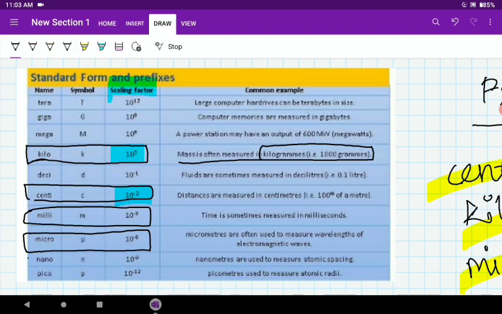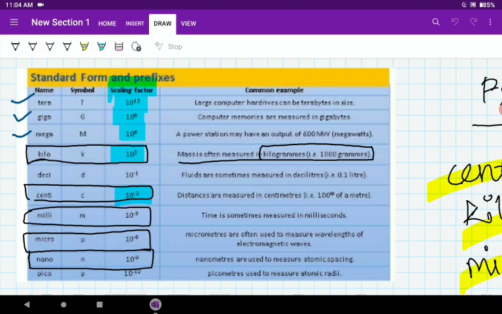Viruses are often described in nanometer. Nanometer is also used for the computer peripherals and chips and everything. And nowadays we are using tera, giga and mega very commonly in computer science. We are using terabyte, gigabyte, megabyte. So mega is 10 to the power 6, giga is 10 to the power 9 and tera is 10 to the power 12.